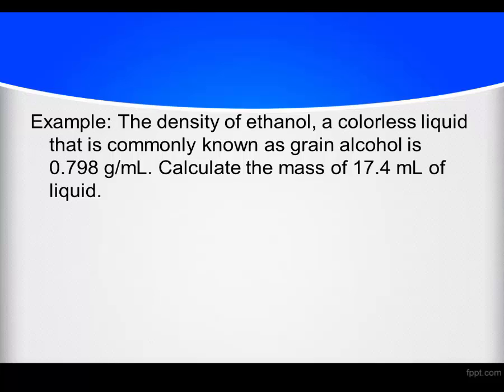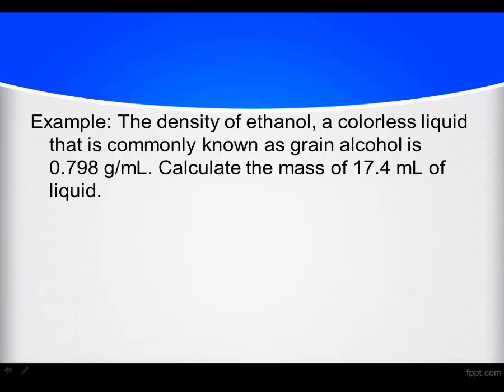Math problems. The density of ethanol, a colorless liquid that is commonly known as grain alcohol, is 0.798 grams per milliliter. Calculate the mass of 17.4 milliliters of liquid. Did you write down the equation? More or less, this is just going to be a matter of doing some nice math.